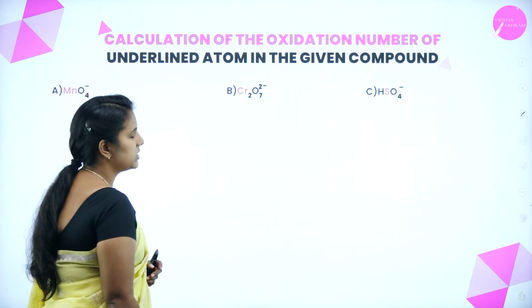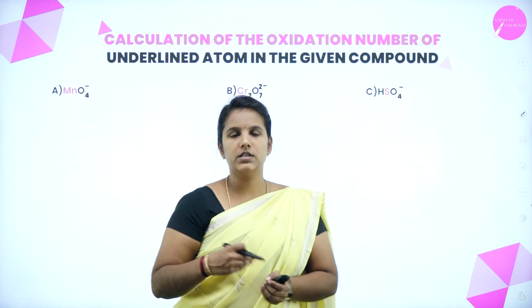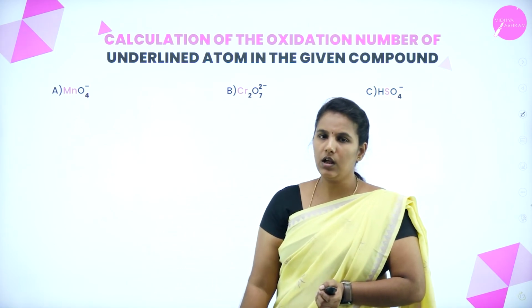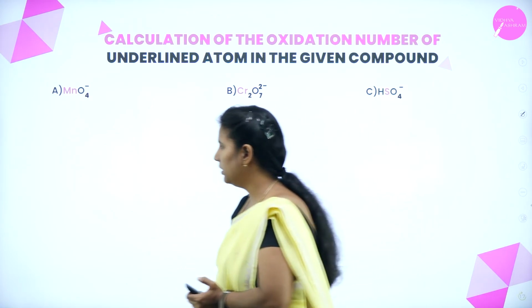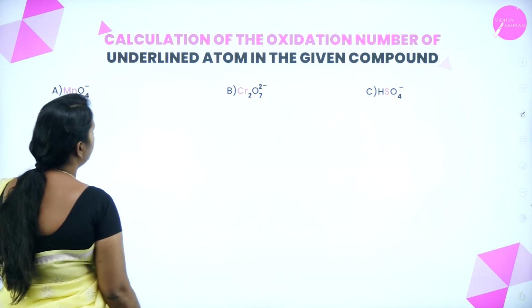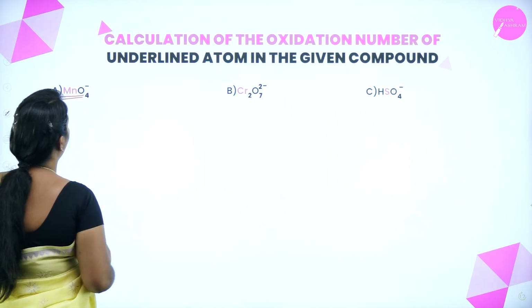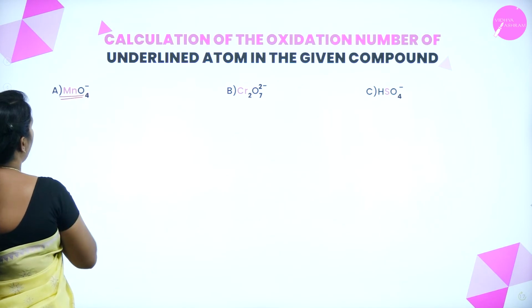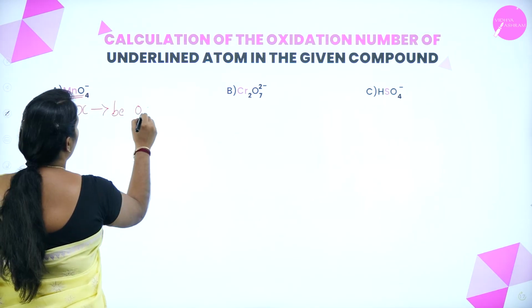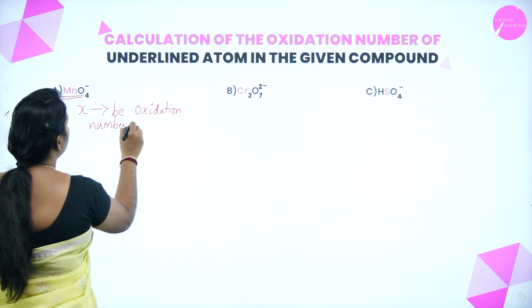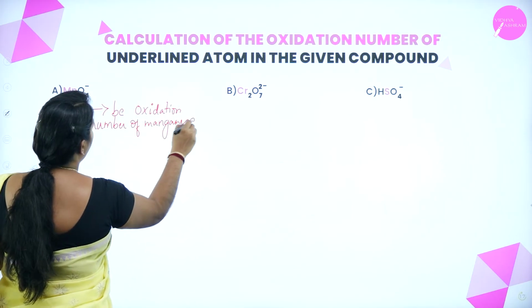Now I'll work through some numericals just to understand how to calculate the oxidation number of the underlined element. Here again, MnO4 minus. Let x be the oxidation number of the manganese atom.